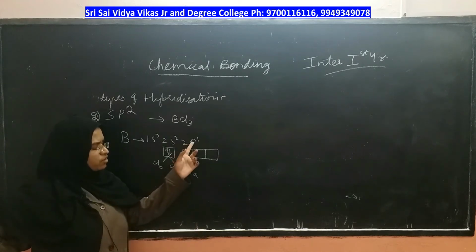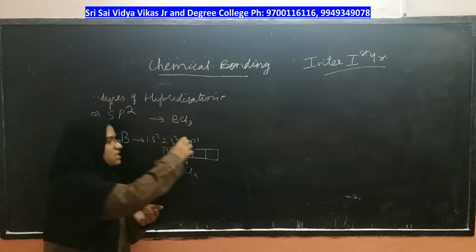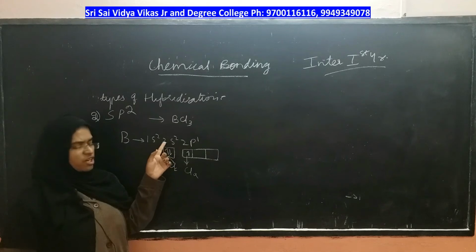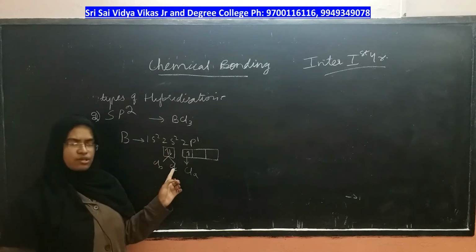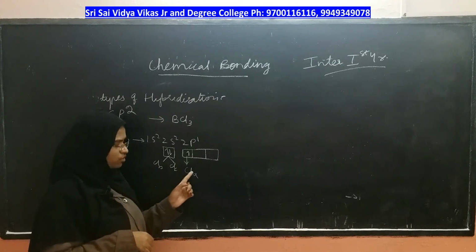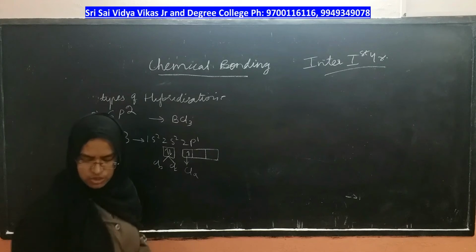No. P orbital overlap means the bond will be stronger because they have the same shape and same energy. But here, s orbital from boron and p orbital from chlorine, will they have strong overlap? No. That means one chlorine gets a stronger bond, the other two don't. So it's not correct. So what should boron do?